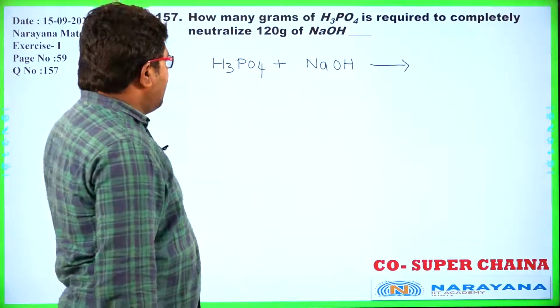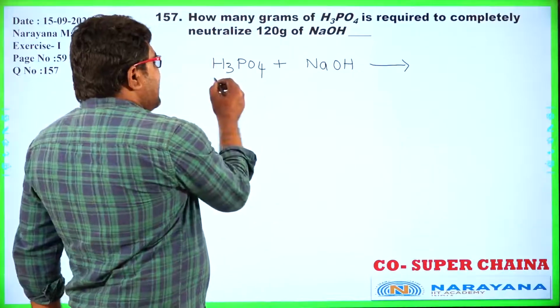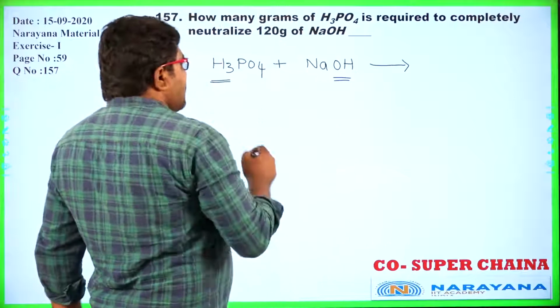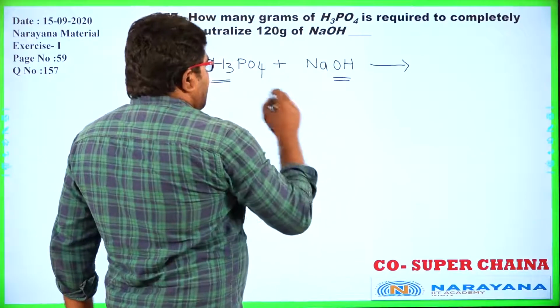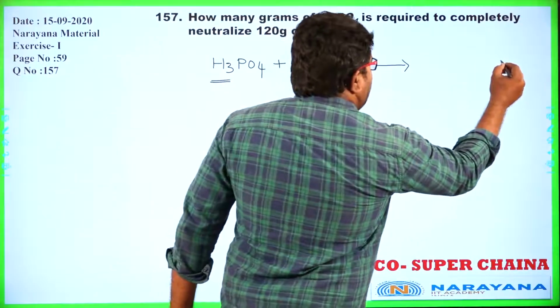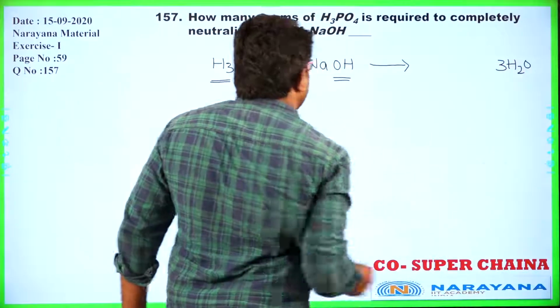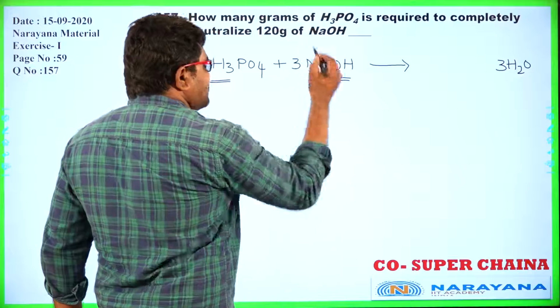So, here 3 hydrogens are there, here only 1 OH is there. Now, in order to form water, 3 H2O molecules are formed. So, need to take 3 moles of NaOH.